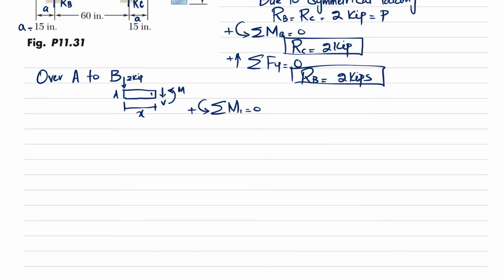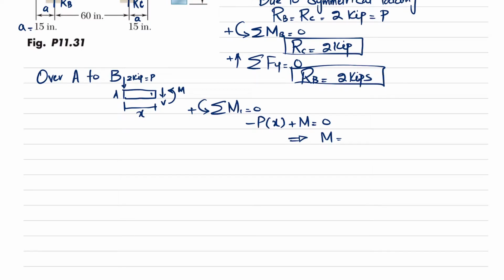About point 1 the moment is due to this 2, which we have taken as P, into the perpendicular distance x. So I will write P into x, and that is negative because it is producing counterclockwise, plus the external moment, which is clockwise, their sum must be equal to 0.